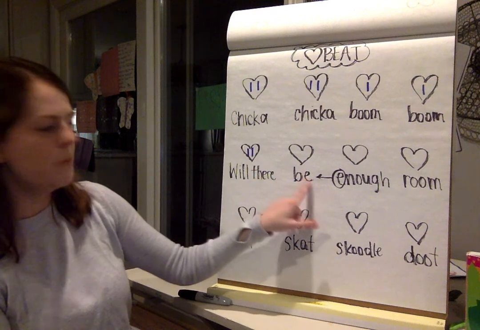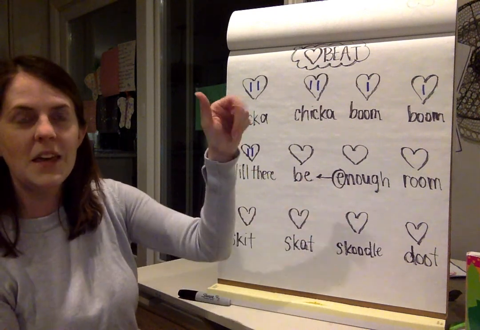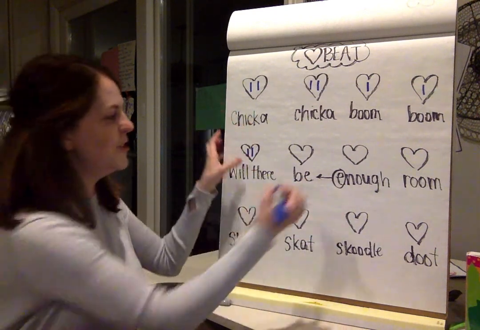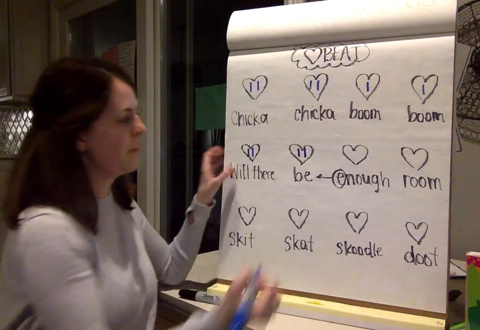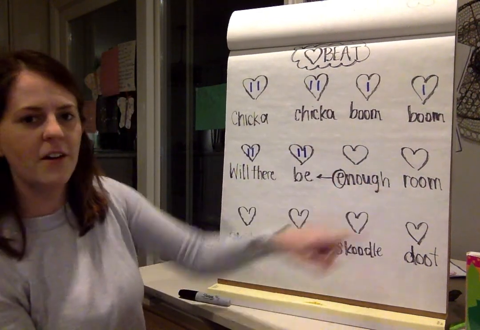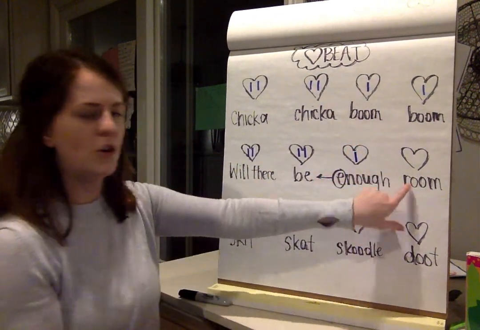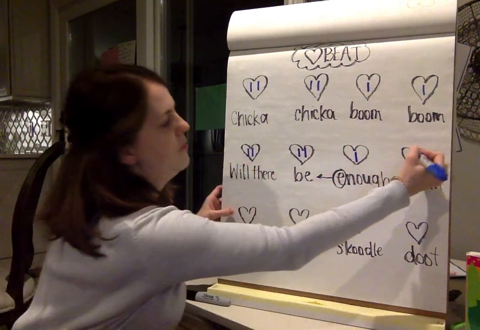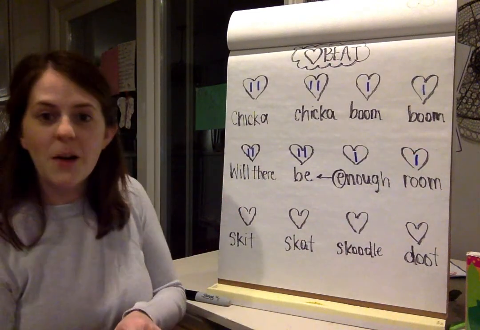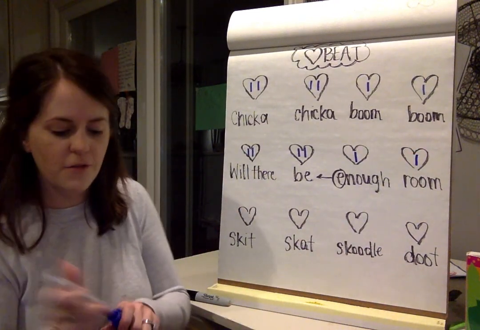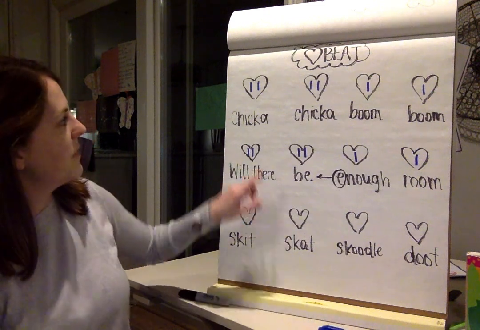So we have B-E, B-E. That's 2 sounds. That's a tricky one. Nuff. 1 sound. Room. 1 sound. So now we've figured out the rhythm for this part of our story.